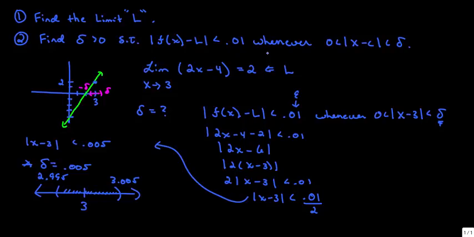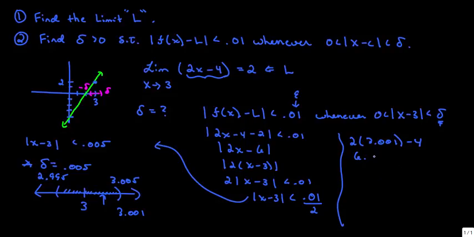Here's what I mean. If you grab a number in here, let's say we grabbed 3.001, it's certainly in this range. So if you take 3.001 and plug it into the original function, that's going to be 2 times 3.001 minus 4.